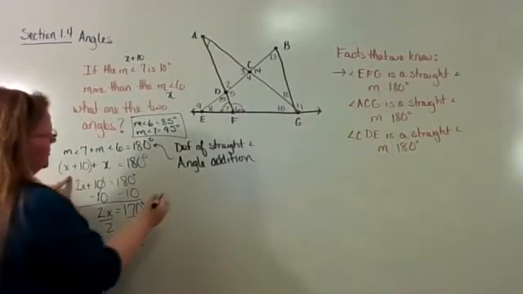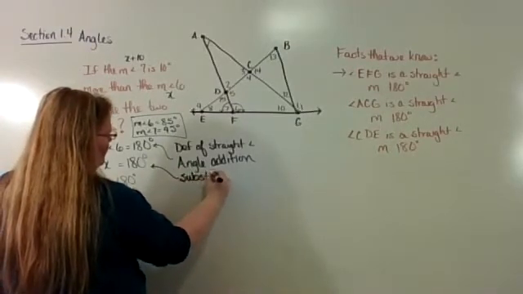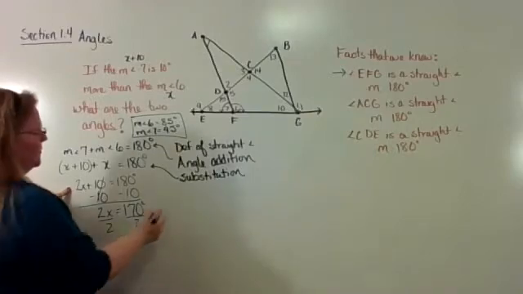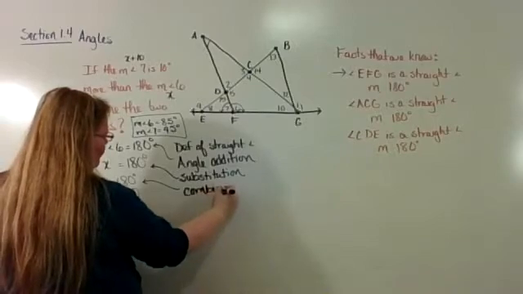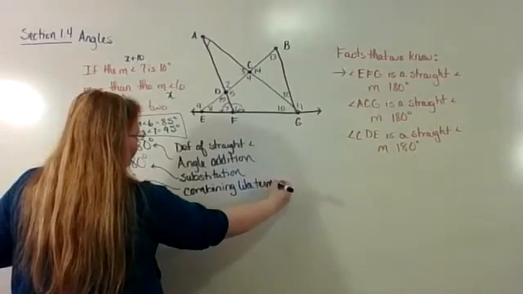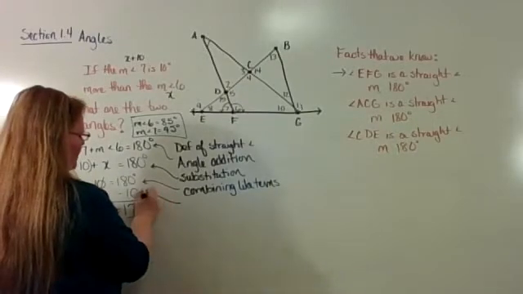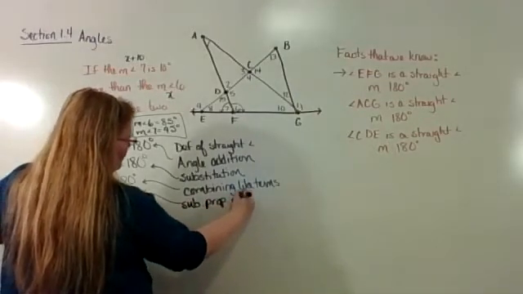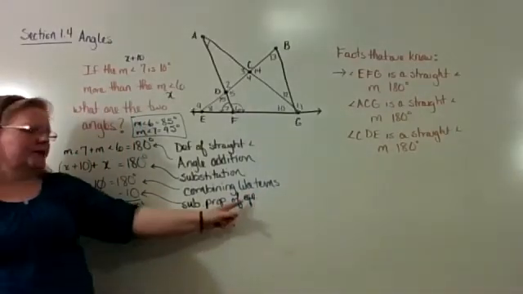Then this one is by substitution. This one is combining like terms. Or simplifying. Then we use the subtraction property of equality. See how I kind of shortcut every single word?